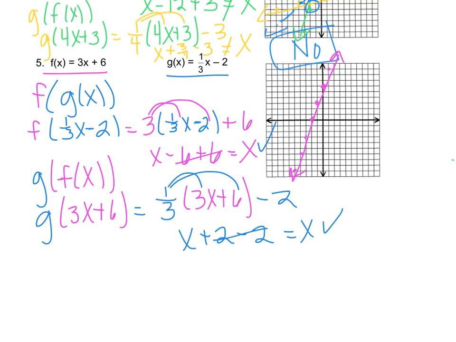And then function g, it crosses at negative 2. And I'm going up 1, right 3. And drawing my y equals x line.